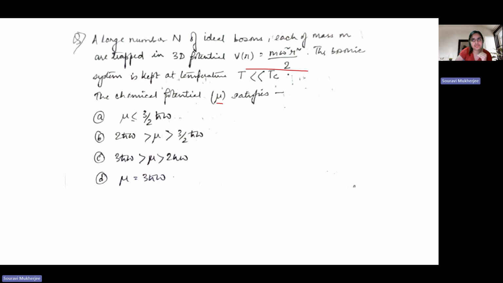For this system, what is the ground state energy? What is maybe the next excited state energy? How do you define that? It's a three-dimensional harmonic potential.